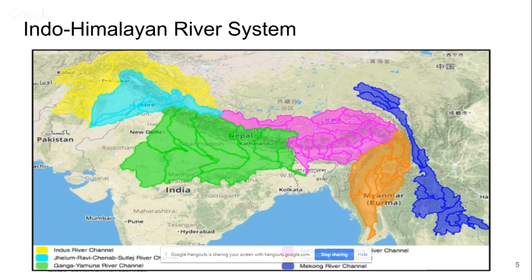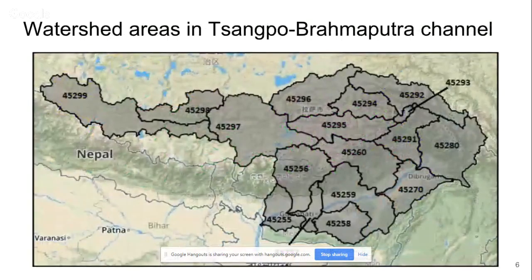We have these 6 river channels, wherein 2 of those move towards the left side, as you can see, which are Indus and Jhelum river channels, and 4 of the river systems move towards the right, wherein we are most interested in Yarlung, Sangpo, and Brahmaputra river channel, which itself is very important in the lives of the northeastern people of India and the Tibetans.